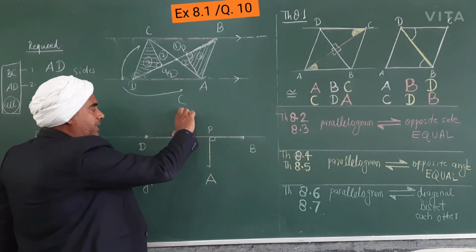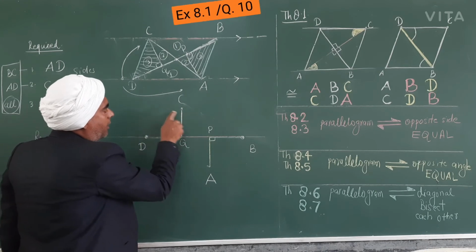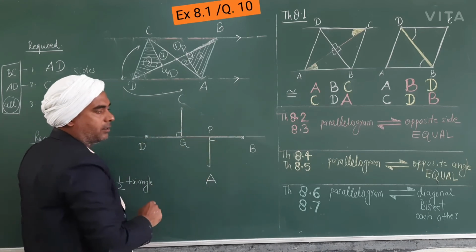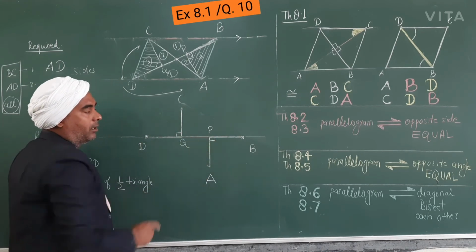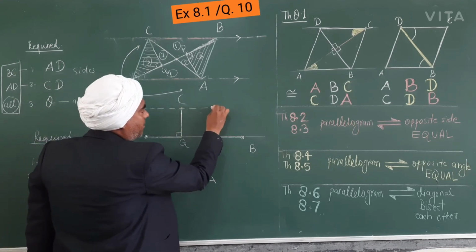This height may be at any place. If you take this height at this place, this triangle will be different from this triangle. Suppose it will be taught again in class chapter number 9.